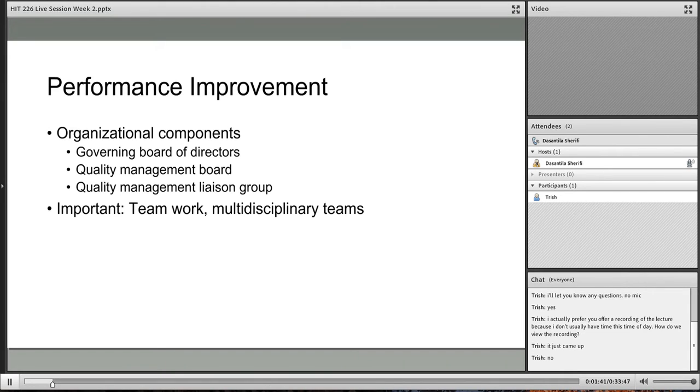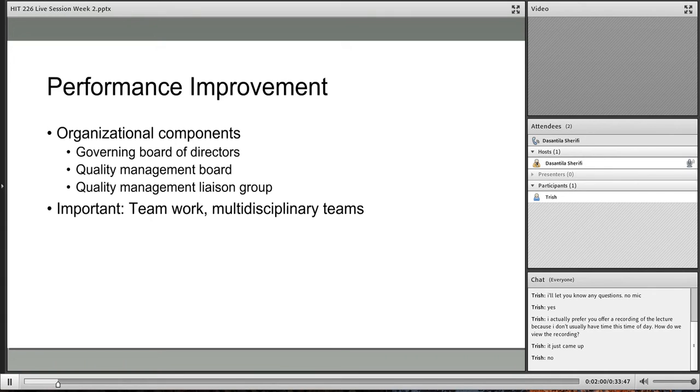So that's the difference. And then the third important structure is the quality management liaison group. Okay, so they have the responsibility to disseminate information about anything that's quality related so that it actually happens. Okay, so all throughout the departments.